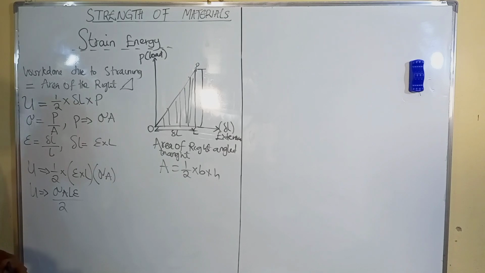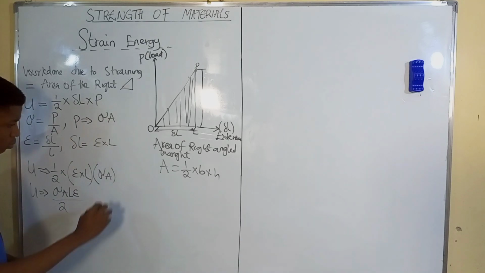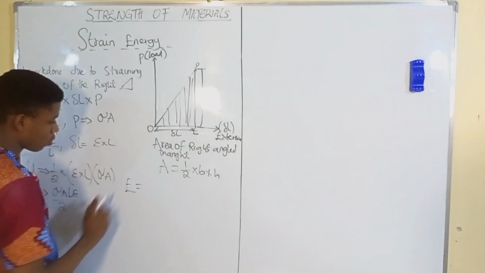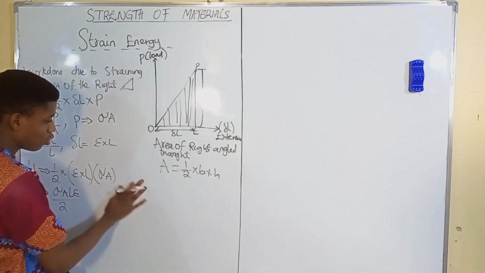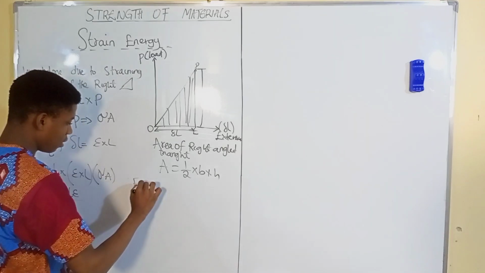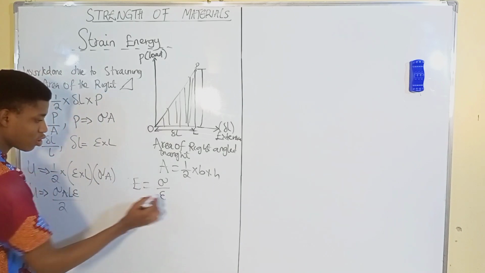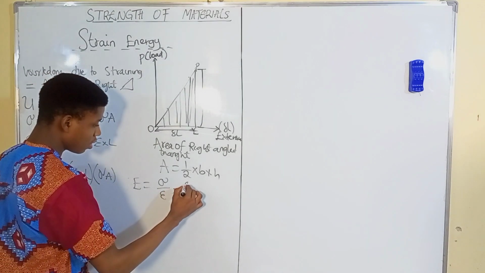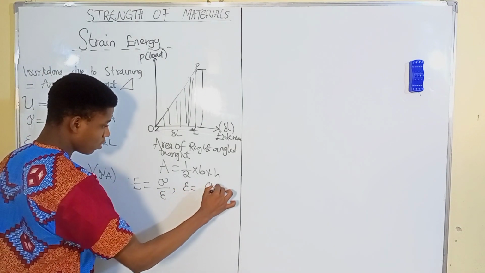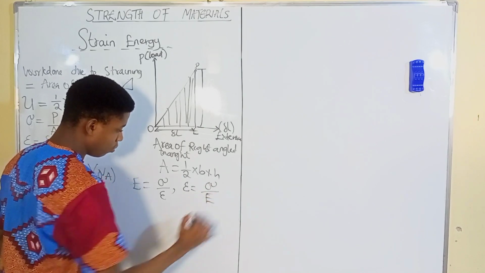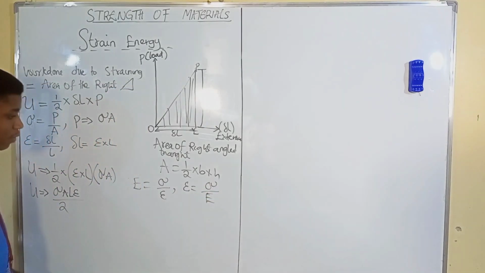So which formula can we use to substitute the value of strain? From Young modulus, we say that E is equal to the stress over the strain. Let's make strain the subject: the strain is equal to the stress over Young modulus. Very important.